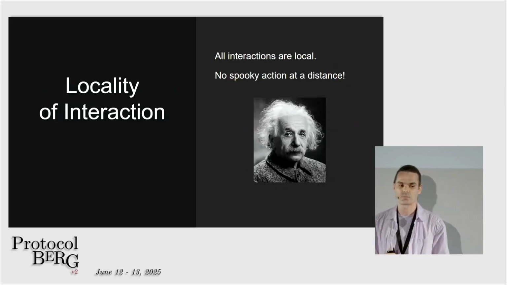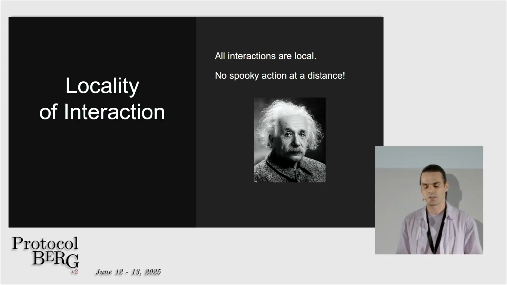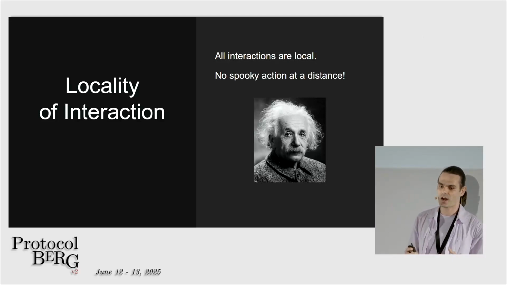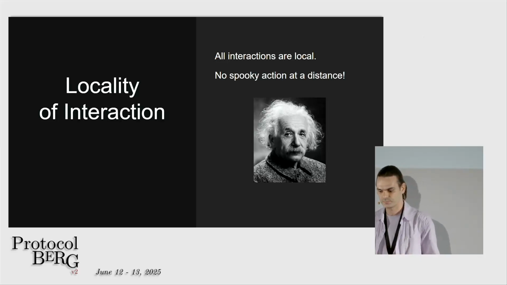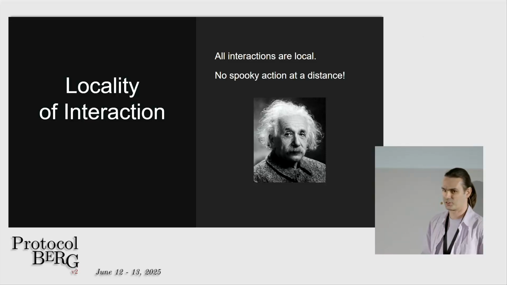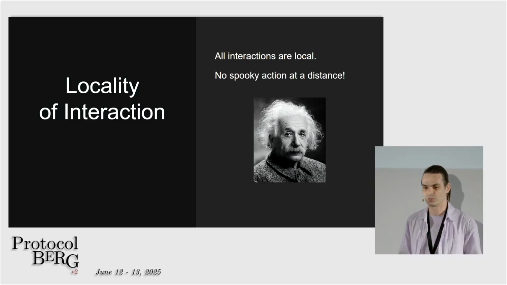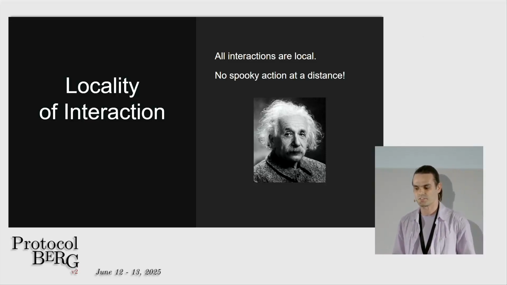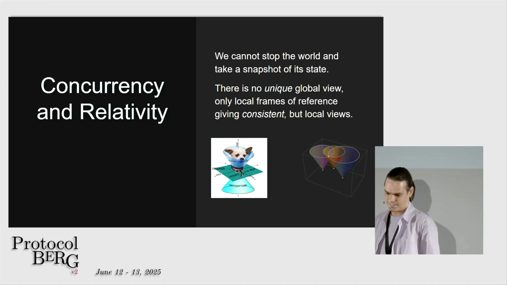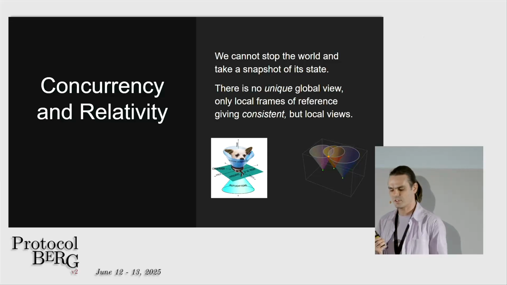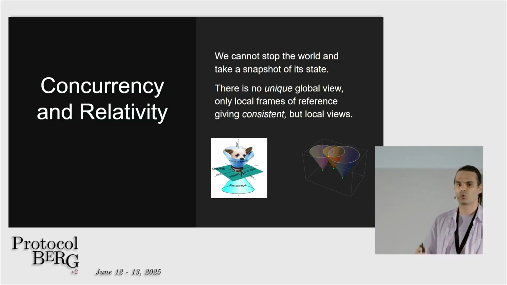Another important principle in physics is locality, which basically says that interactions can only take place in the immediate surroundings. This guy had serious concerns about what he called spooky actions at a distance. And you know that was not without a reason. So special relativity implies that we cannot stop the world and take a snapshot of its state.